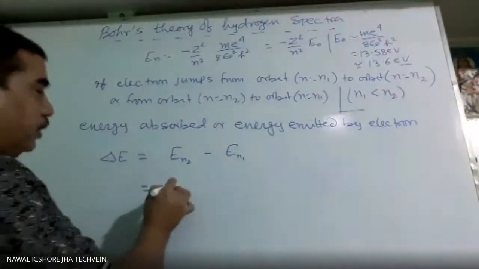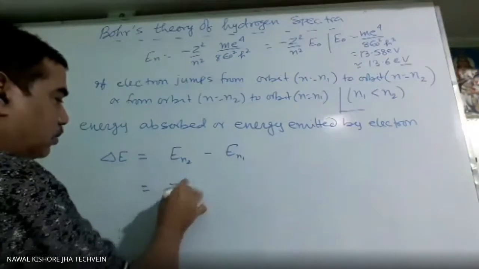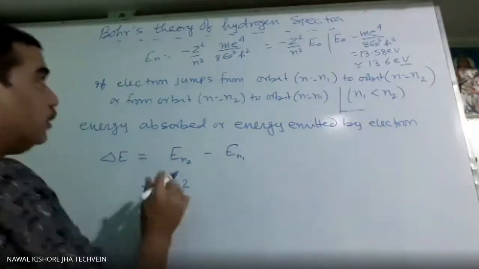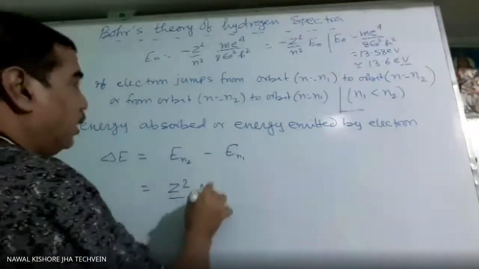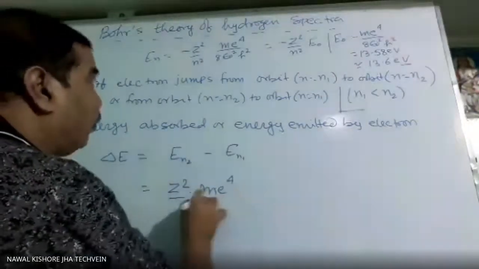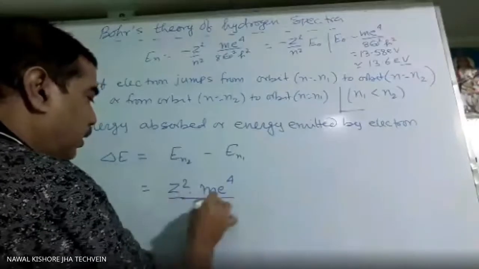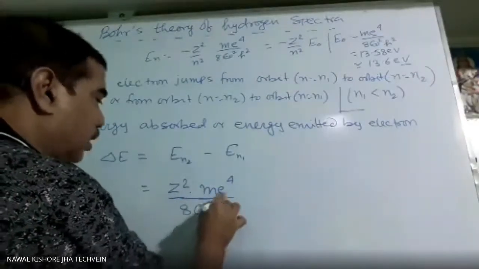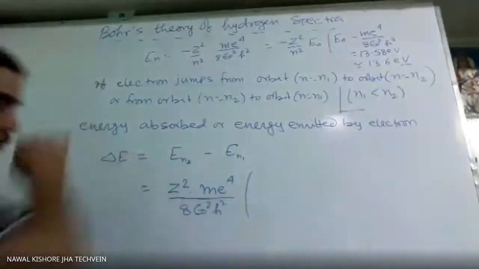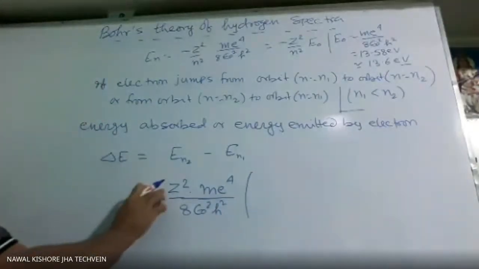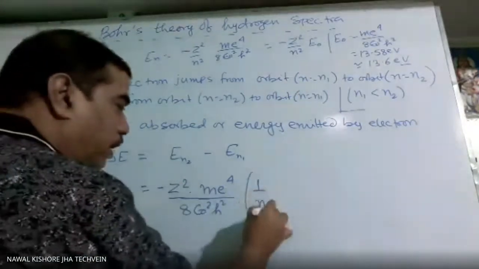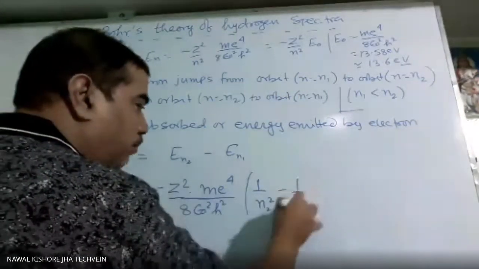So it may be Z square over N square, sorry, Z square Me4 over 8 epsilon naught square H square. If we are taking the minus sign here, 1 by N2 square minus 1 by N1 square.